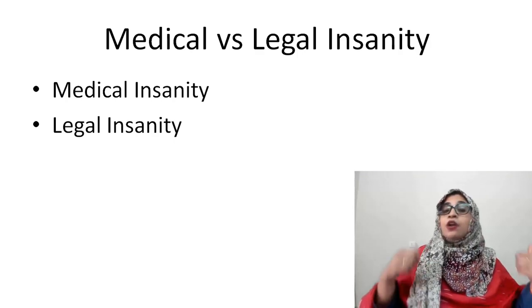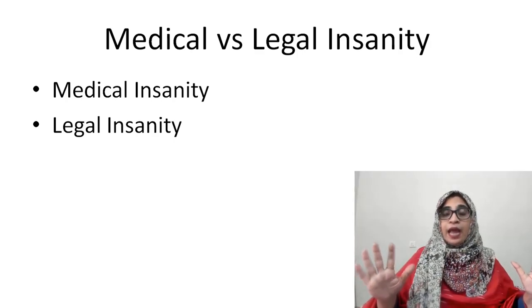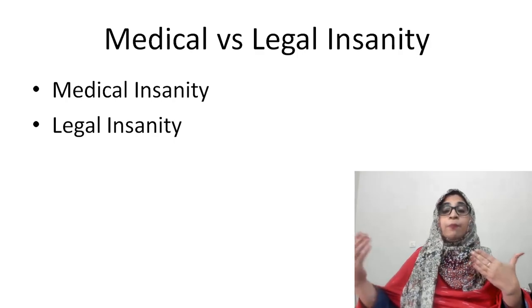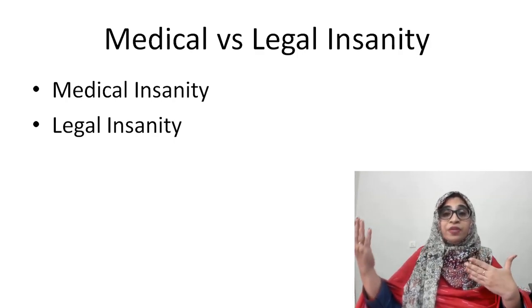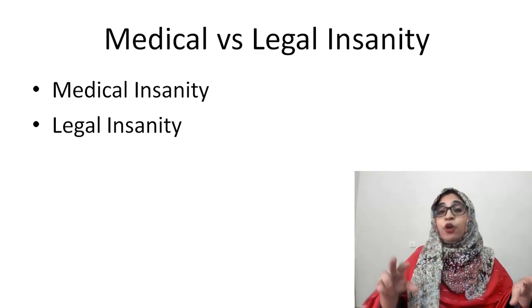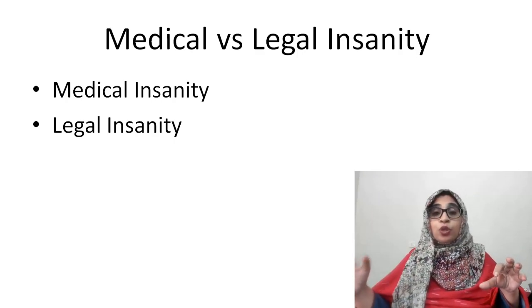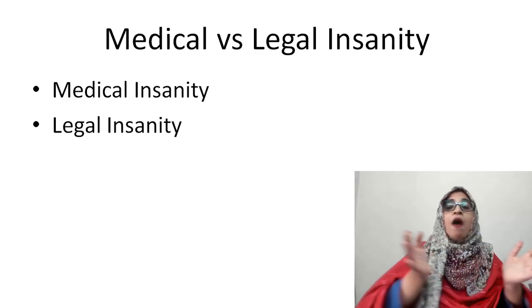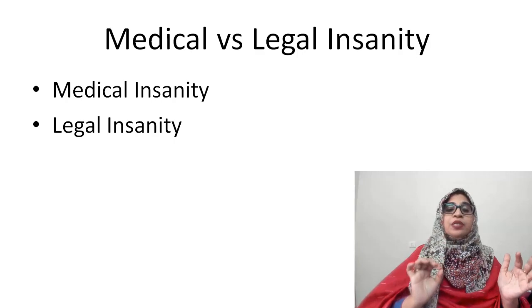If the person does not have any knowledge about the act, then it is considered an exception. Another point discussed previously in the essential elements: he doesn't know about that particular act, he doesn't know that it is against the law, he doesn't know whether what he is doing is right or wrong, then it comes under legal insanity.